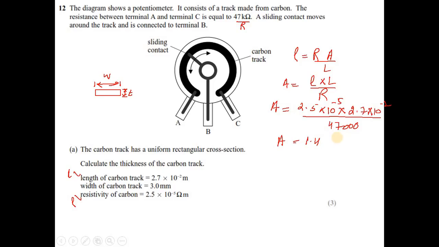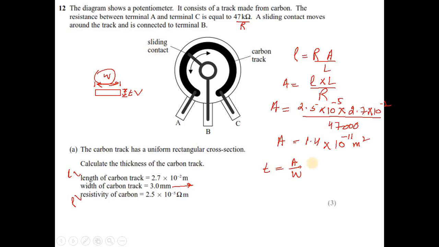So the area we find is 1.44, I guess, times 10 to the power minus 11 meter square, and this is the area. If you divide the area by the width, which is given, we can have the thickness T. So thickness T is area divided by the width. But remember, the width is in millimeter, so you must convert this millimeter into meter.